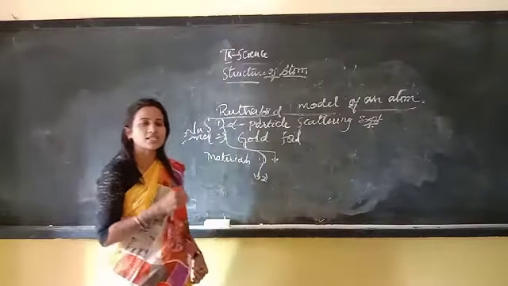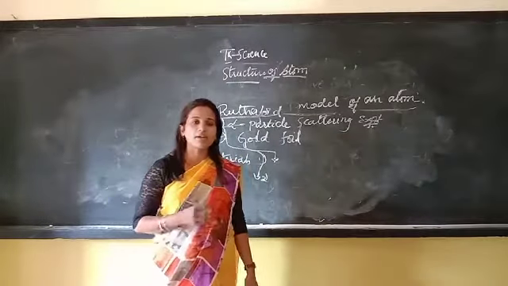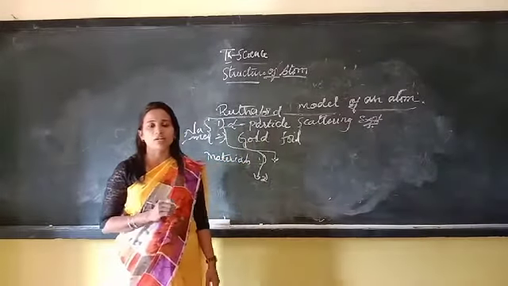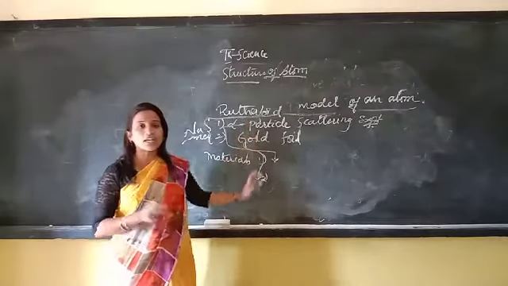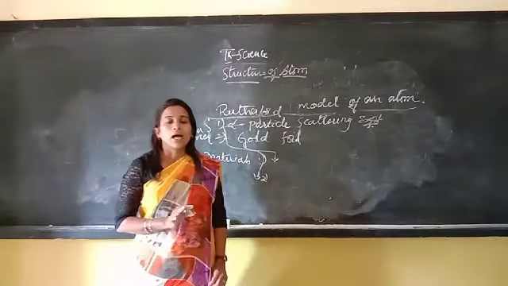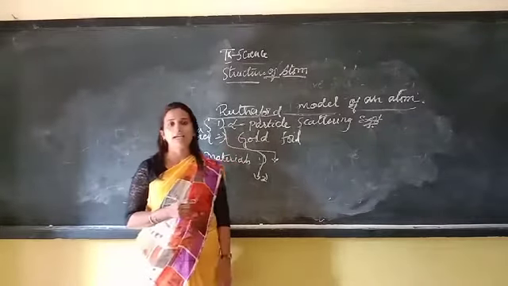That's why this experiment is named the alpha particle scattering experiment, or you can also say the gold foil experiment. He had taken these two very important and highly reactive materials.